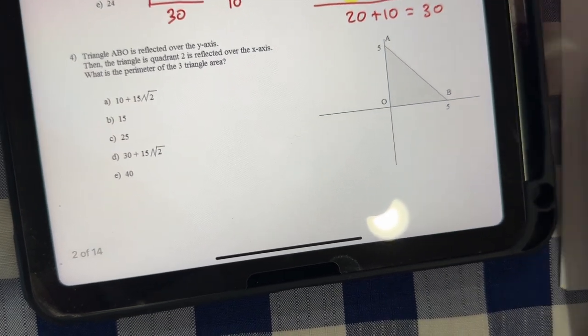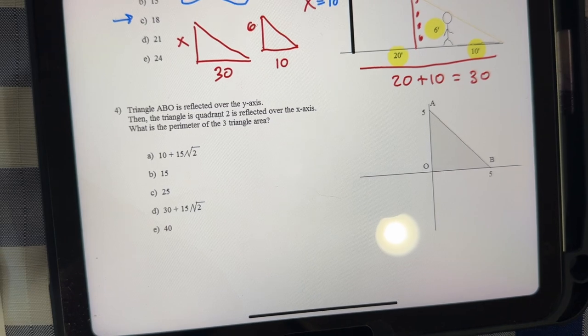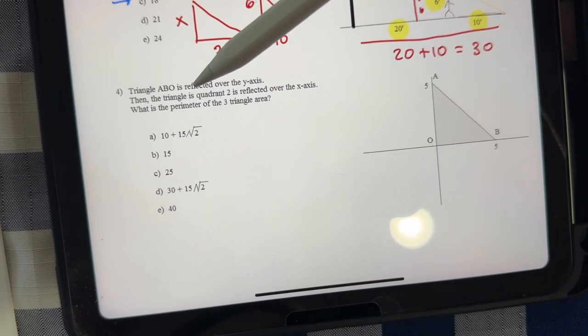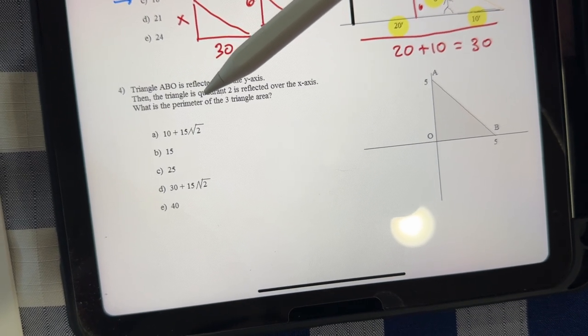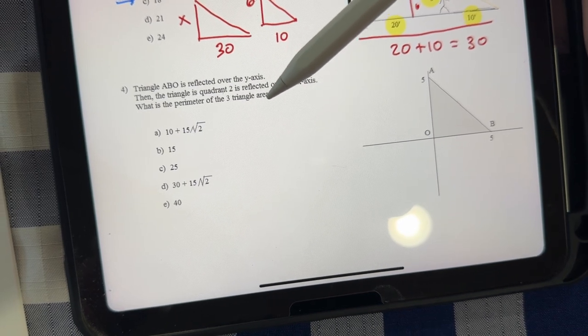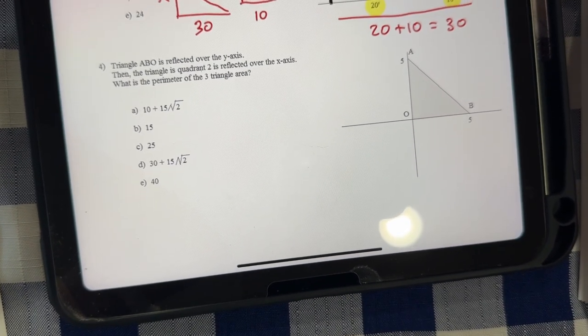Okay, number 4 on this page. This last one, we have to think of triangles again and their properties. We're told that triangle ABO is reflected over the y-axis. Then the triangle in quadrant 2 is reflected over the x-axis. What is the perimeter of the three-triangle area? Again, they gave us a drawing, which was super nice.